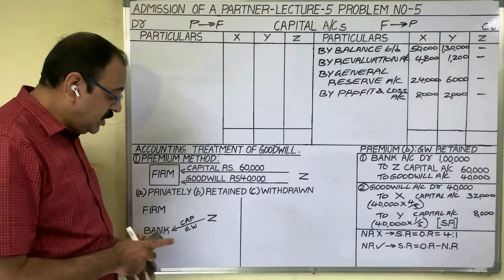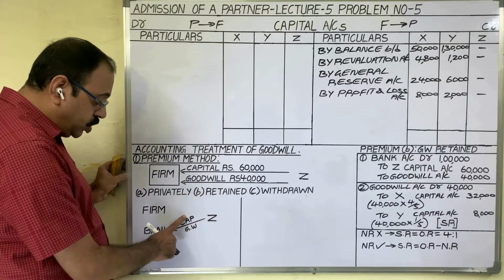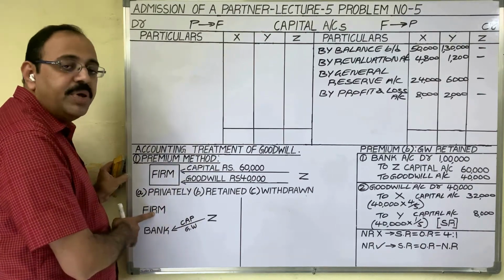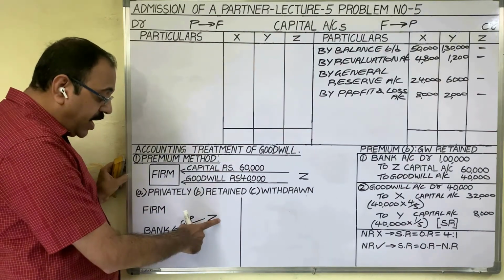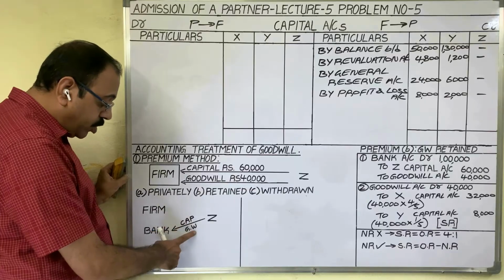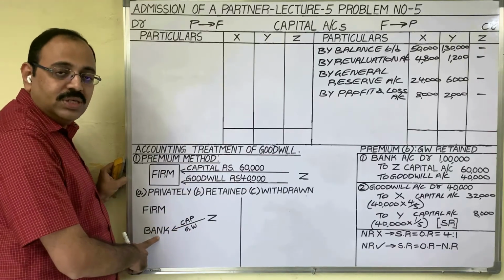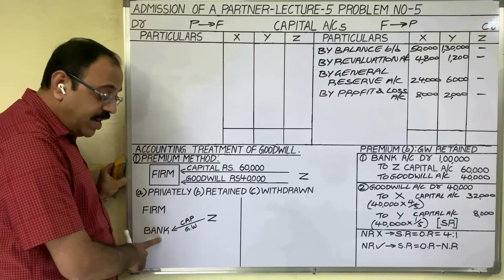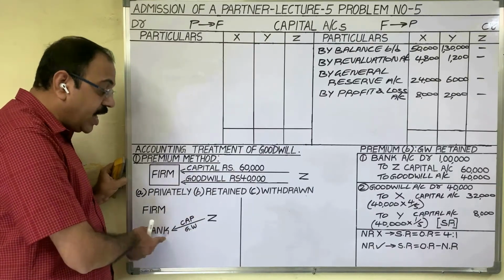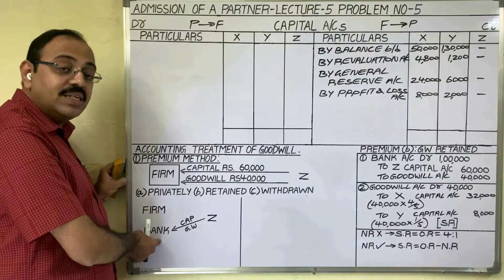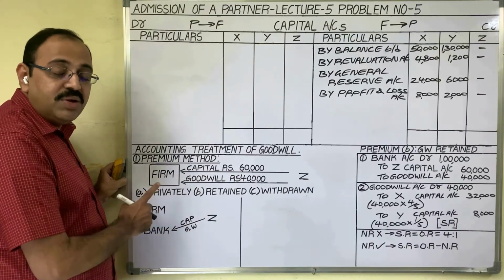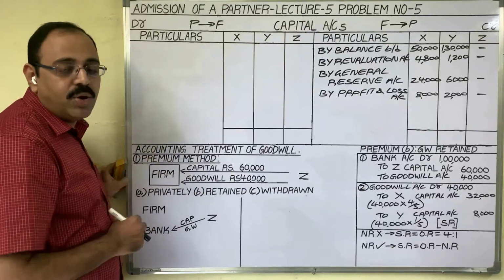Our assumption is, instead of bringing these two amounts, capital and goodwill, into the firm in cash, Z directly deposited these two amounts in our bank account. Our firm is maintaining one bank account. In that account, these two amounts are directly deposited. That is our assumption. So for writing journal entries, the first step is you have to identify the two accounts.